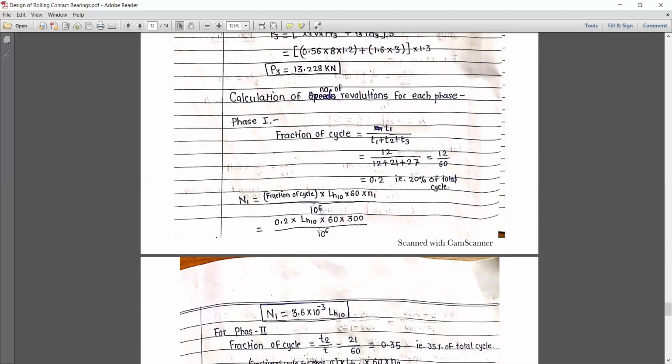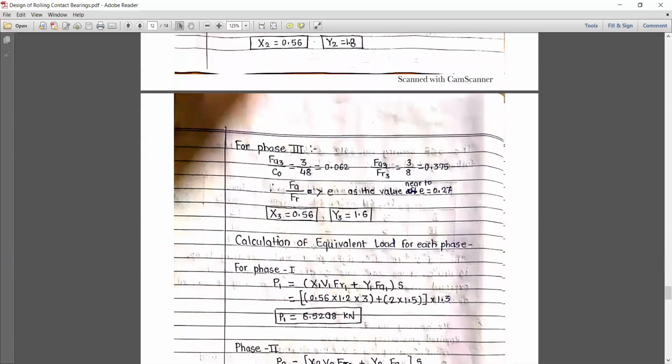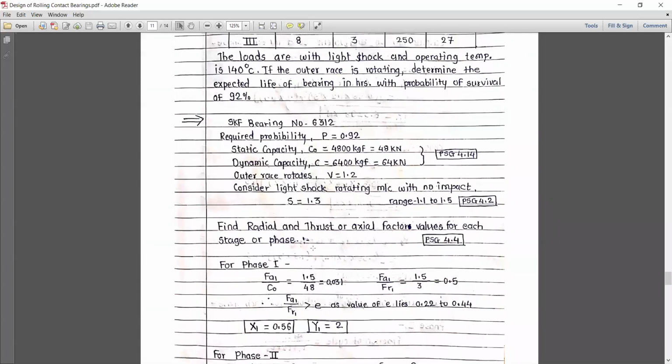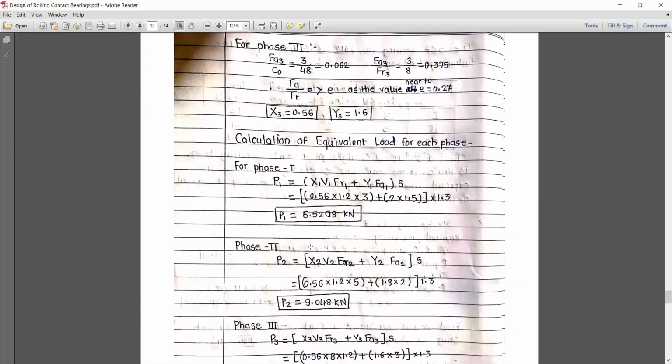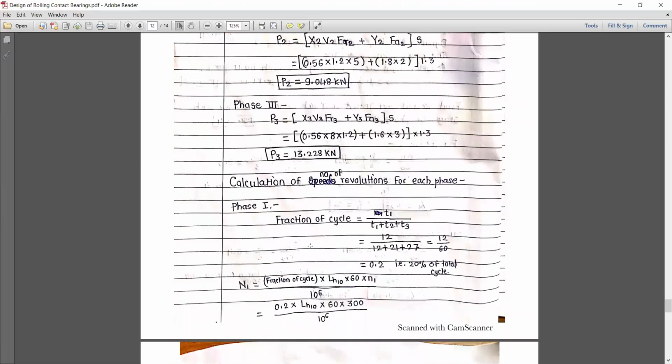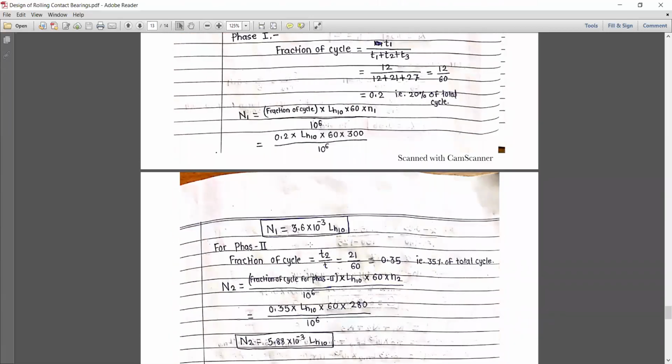Here, for LH10 we don't have a value for how many hours the system or bearing will work. We don't have an idea, and they haven't provided any information related to expected life. So we need to calculate that life first for 90% probability of survival, that is LH10. Here small n1 is the speed for phase number 1.